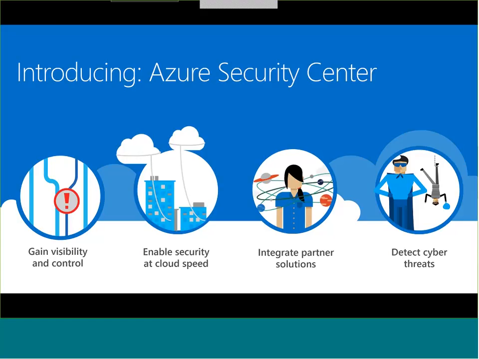The second area here is to enable security at cloud speed. So this means people aren't only using your information at your business location, but they might be using it on their mobile device or at another location. So it allows you to have your employees access information anywhere and use your applications.